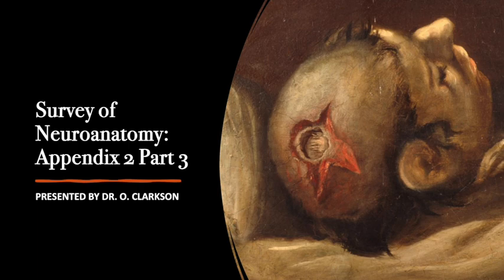Number 3, degenerative diseases. Certain degenerative diseases, such as ALS, amyotrophic lateral sclerosis, or multiple system atrophy, can cause progressive damage to the brainstem, leading to locked-in syndrome. Number 4, drug overdose. Overdose of certain drugs, such as barbiturates, can lead to respiratory failure and brainstem damage, causing locked-in syndrome.